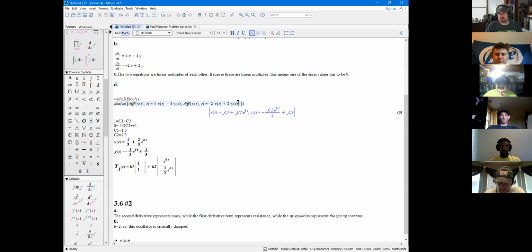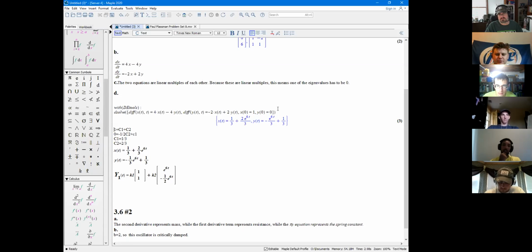Okay, so we put in x(0) equals 1 and y(0) equals 0. And Maple says... maybe we did it wrong, but it didn't come up with what it did before. It could have been a typo in the code.